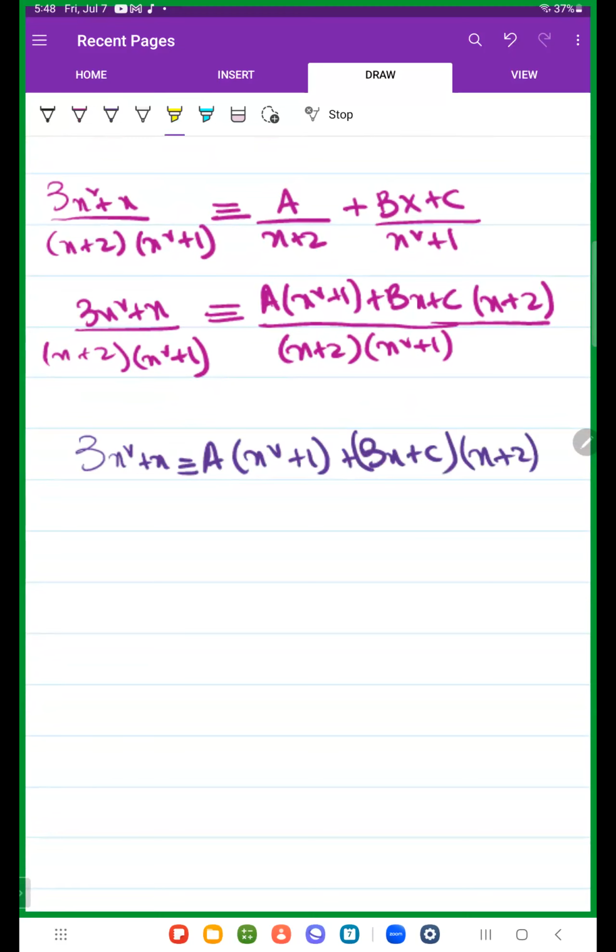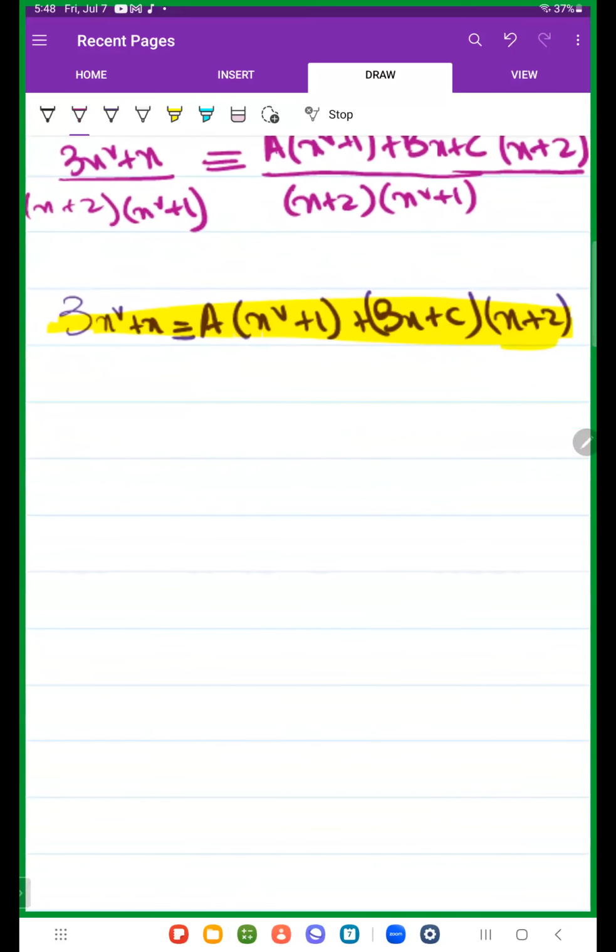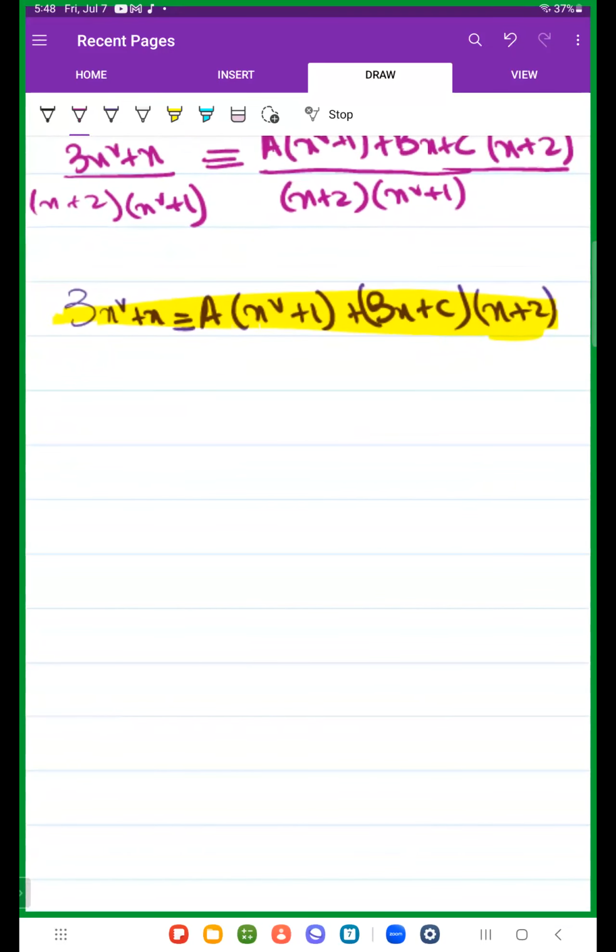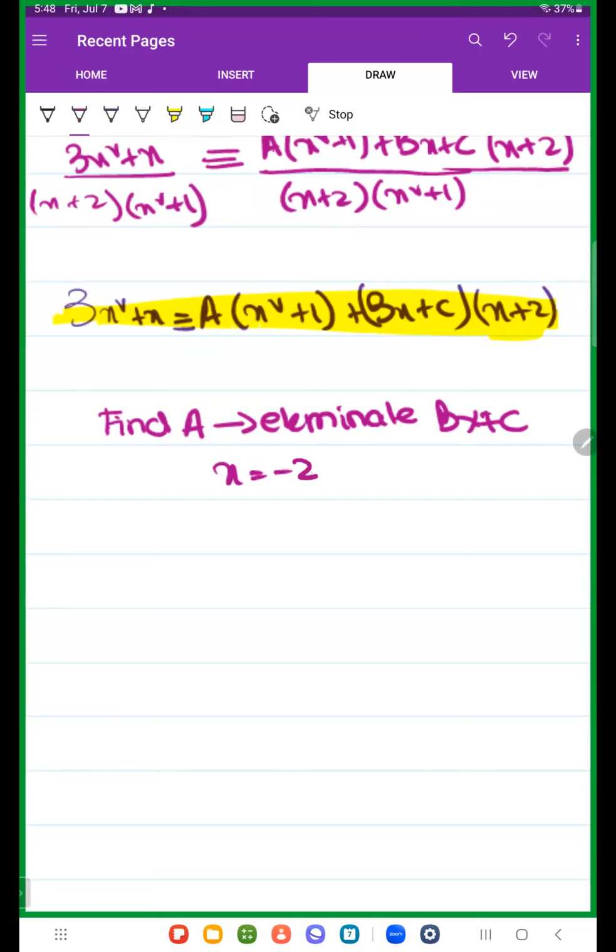Are you clear till here? Yes. Okay. Now the next step that we do is, again, we need to find out the values of x for which one of this can be eliminated. So for what value of x, if I want to find a, what is the value of x I should put? Minus 2. Yes, you want to eliminate bx plus c. So you plug in x as minus 2.